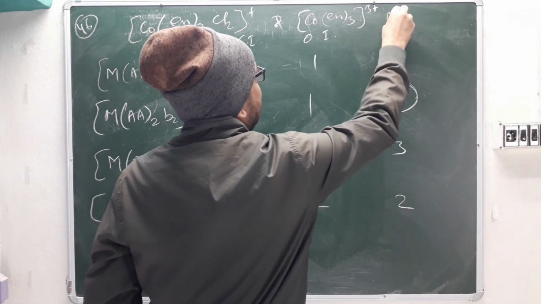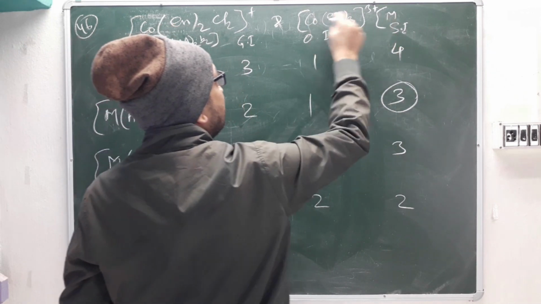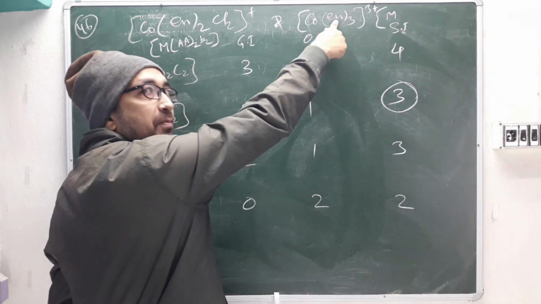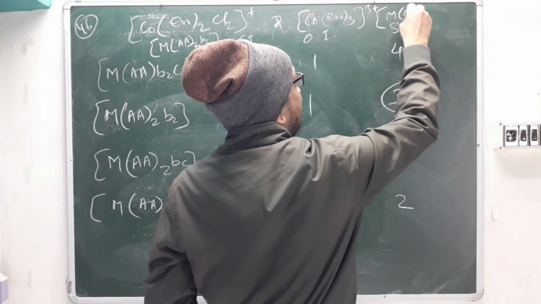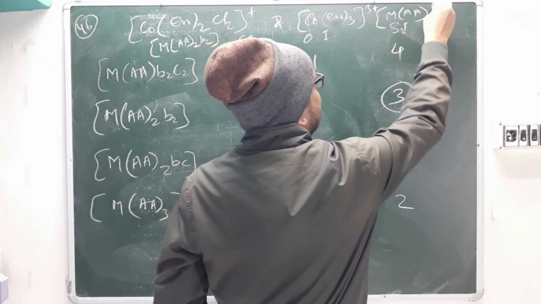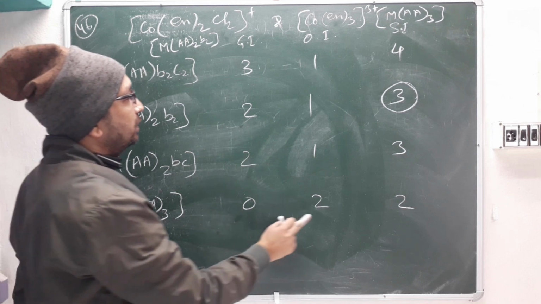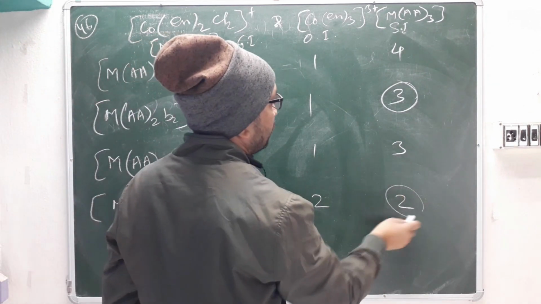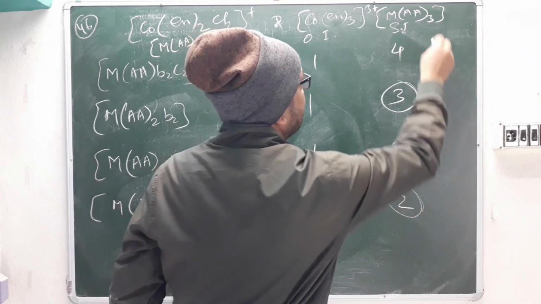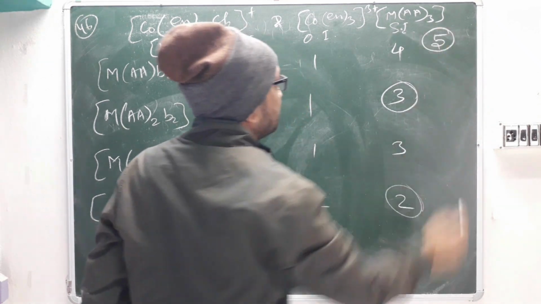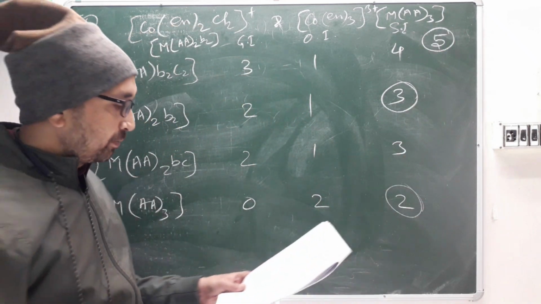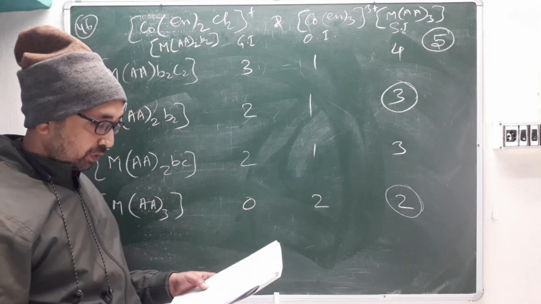Here you write metal, instead of cobalt, and en, you know that this is a bidentate ligand, so this will be A. How many are there? 3. So M(AA)3, 0 geometrical isomers, 2 optical isomers, total will be 2. So 3 plus 2, how many are coming? Altogether 5 are coming, right? So 5 will be the correct answer for this question.